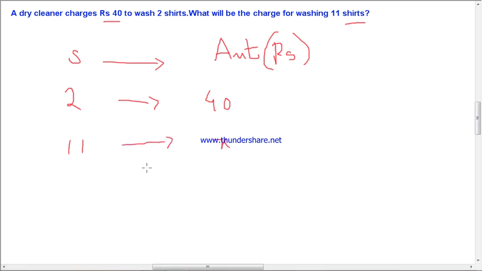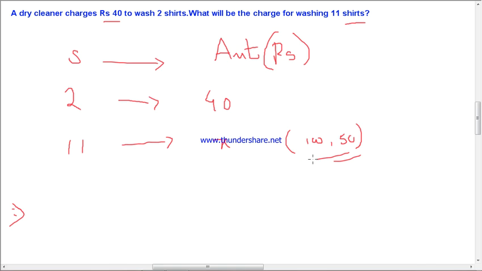The question arises, what kind of variation is happening? 2 shirts is rupees 40. Now you want to wash 11 shirts, more than 2. So I think money also you have to pay more than 40. This could be like 100, or like 50, is it not? It could be anything, but it will be more than 40. This is just an assumption over here.